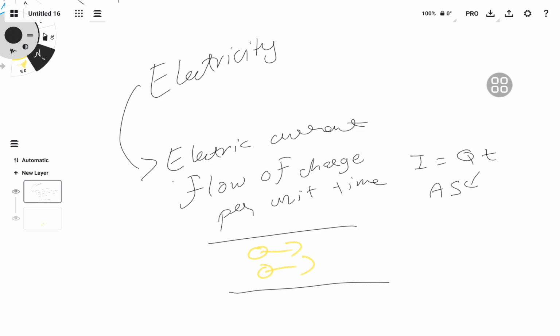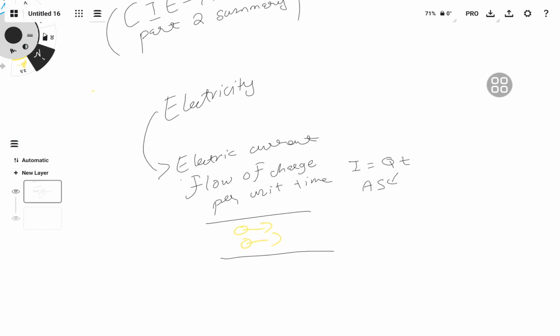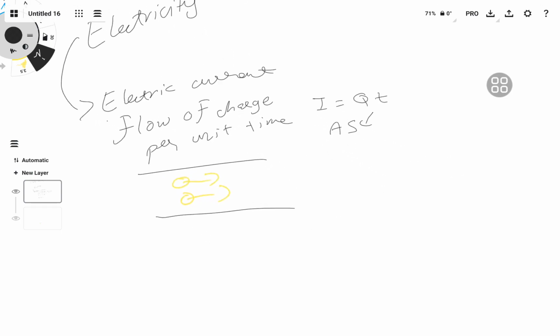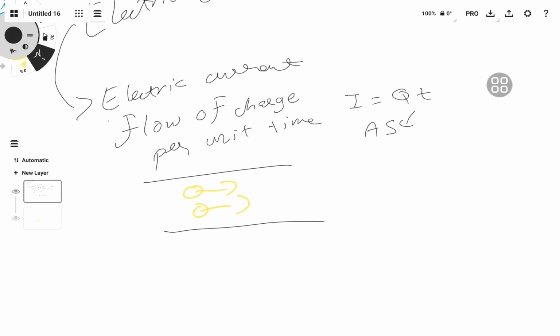There could be other base units depending on how it is used. Flow of charge per unit time, electric current. But first we will talk about how charges basically work. So we have these charges flowing, okay, you get that.